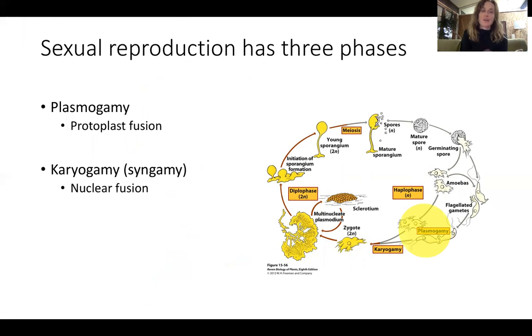And karyogamy is nuclear fusion, but plasmogamy, some organisms spend a long, long time in the state of plasmogamy with two nuclei just paired in a cell without fusion until something triggers it to fuse. Sometimes it's never triggered to fuse, and it'll continue its life cycle as a dikaryon. Okay.